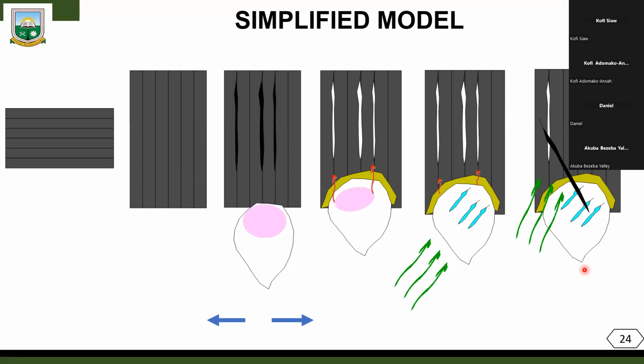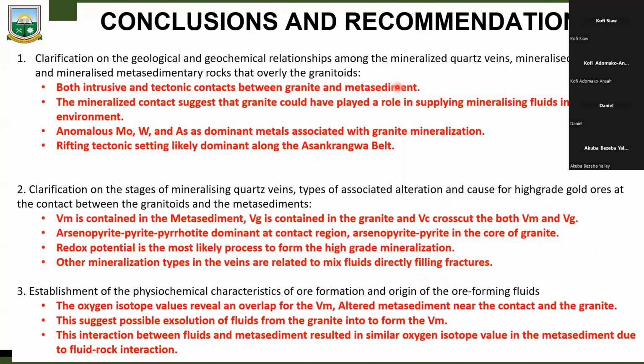So to conclude, first of all, I look at my first objective, and based on that, it can be seen that the intrusive and tectonic contacts were observed within the granite and metasediments, where intrusive means that there were portions where the granite entered and contacted the sediments, and then the portions where there were breakages.